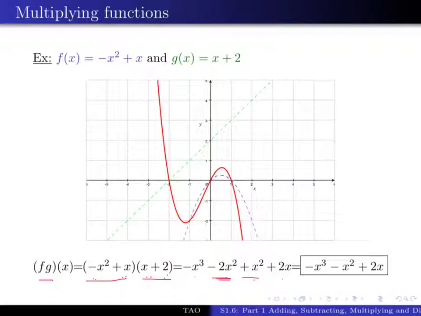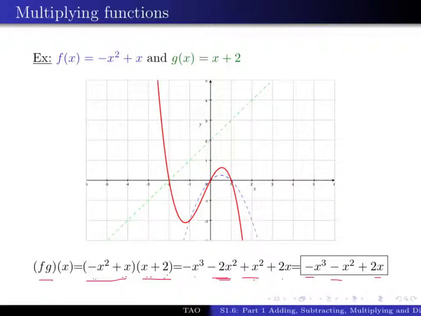Minus 2x squared plus x squared. Well, there was minus 2 plus 1. We're left with a minus 1. And the other pieces are just left as they are. Okay? When we multiply these together, we do see that we are 0 at negative 2, 0, and 1. So our zeros perpetuate. Okay?